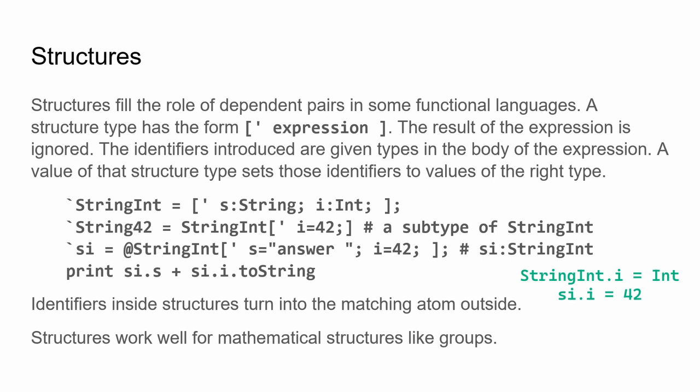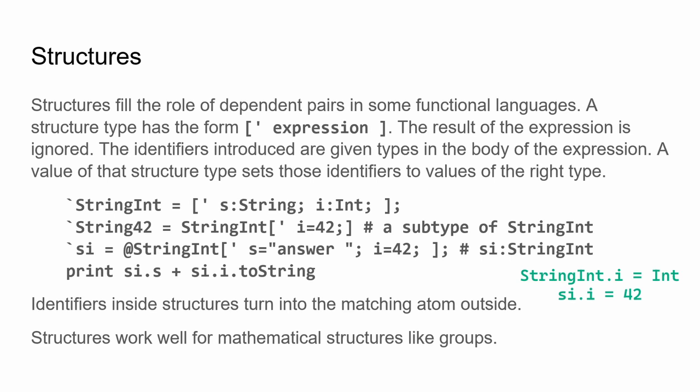So we see si.s. Inside the structure, S is an identifier and can be accessed inside that structure just as if it was an identifier. But once you're looking at the structure from outside, you use the matching atom to get at the value inside.